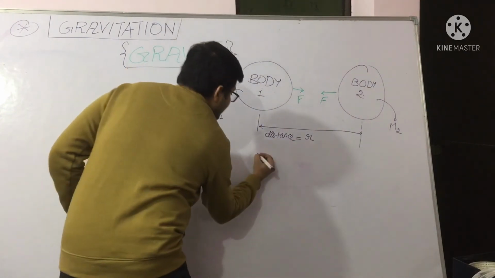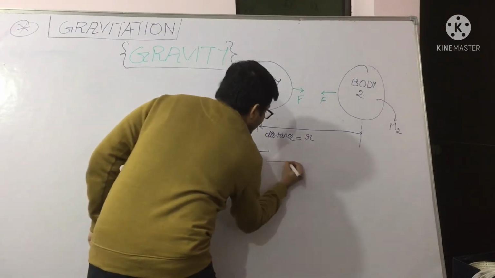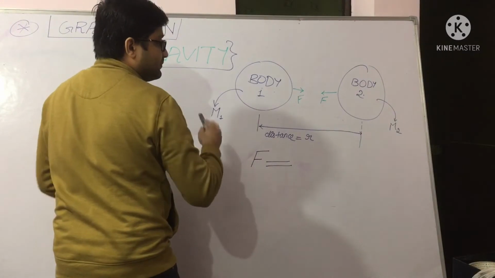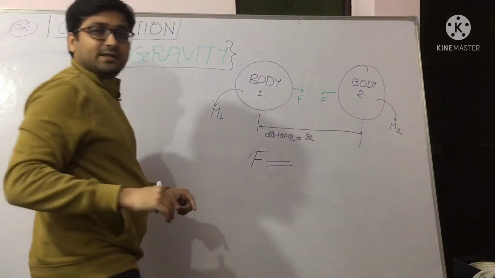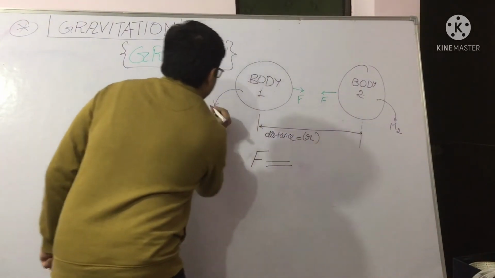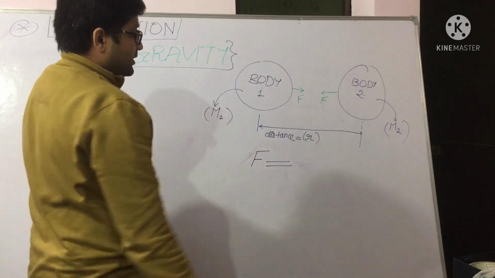So now this force, I told you, is the gravitational force, and it equals what? It depends on the masses of the bodies and the distance between them, distance r and masses of the bodies.